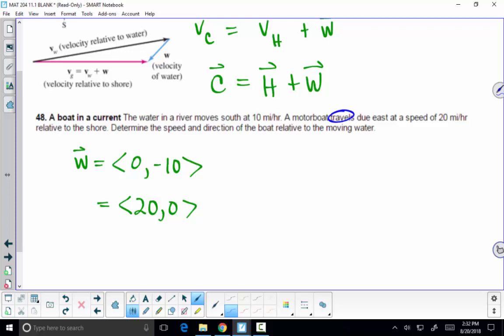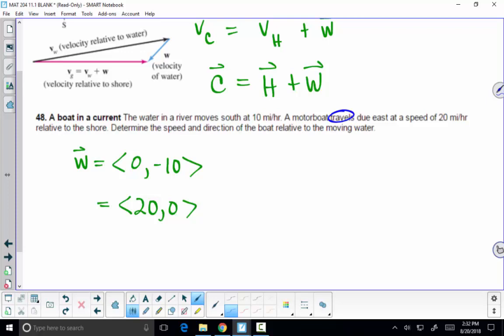If the boat says it's going east, then we would put that on the heading. If the boat says it's going east, then that would be H. Does that make sense? If the instrument panel says it's going east, then the current's going to affect the way the boat is pointing, and we're going to end up on the course.